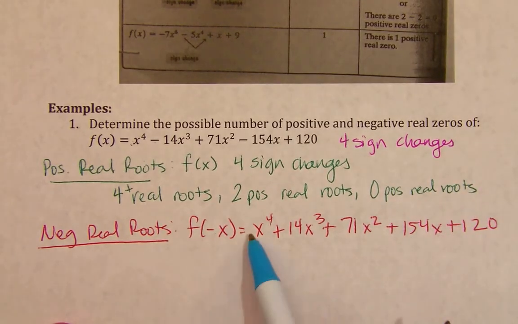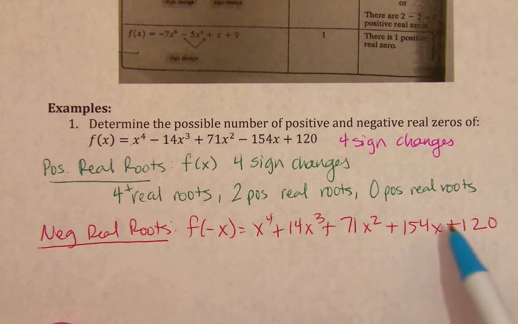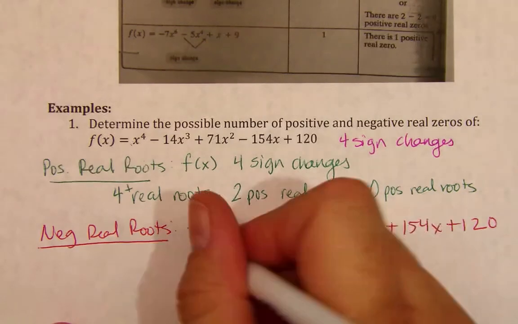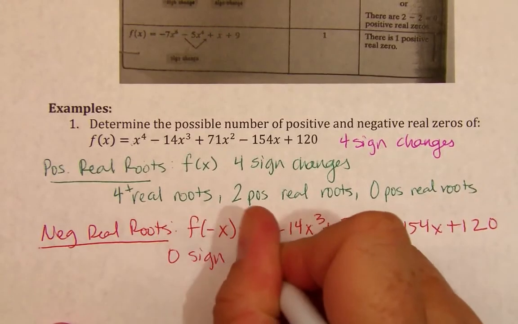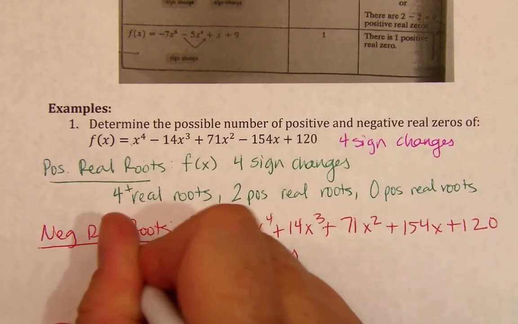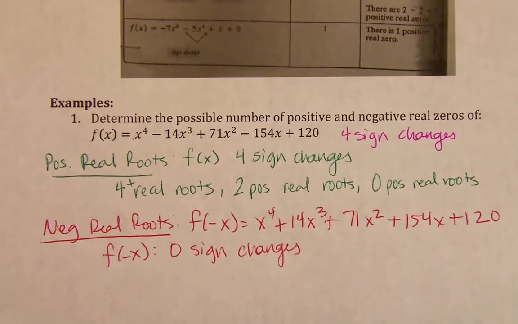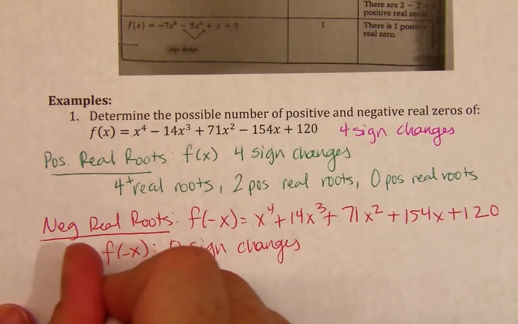So looking at this, we have positive, positive, positive, positive, positive. There are no sign changes for f of negative x. What that means is that there are 0 negative real roots.